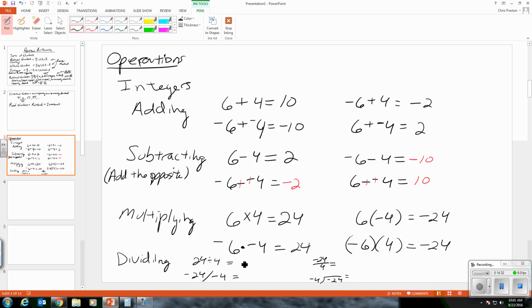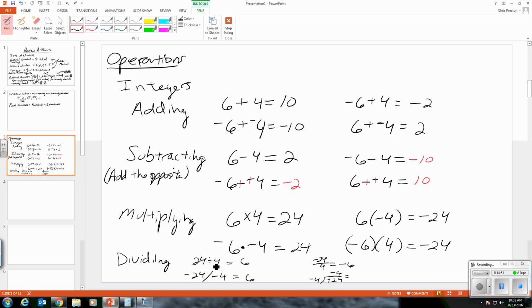Okay, so 24 divided by 4, that's 6. Negative 24 divided by negative 4 is also 6. Negative 24 divided by 4 is negative 6. And negative 4 into positive 24 is negative 6.